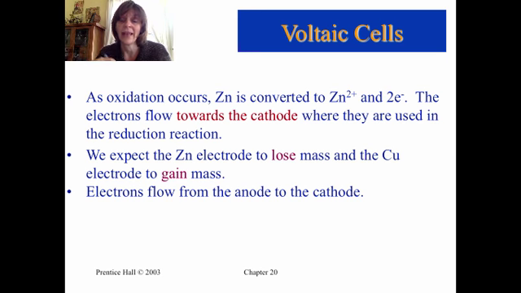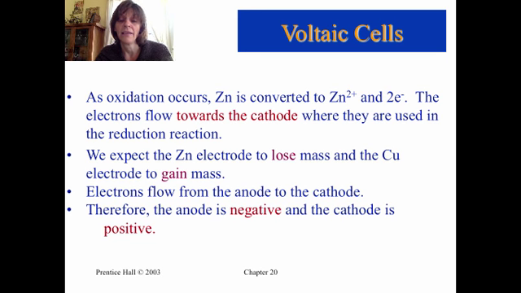Electrons always flow from anode to cathode, alphabetically, A to C. And therefore the anode in chemistry is given the negative sign because the electrons are flowing from there to the positive cathode. That works well. Cathodes are like positive cations, and the electrons are attracted to it.